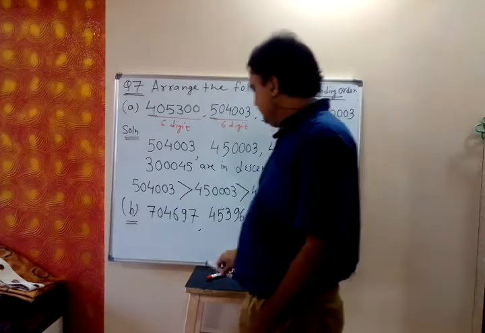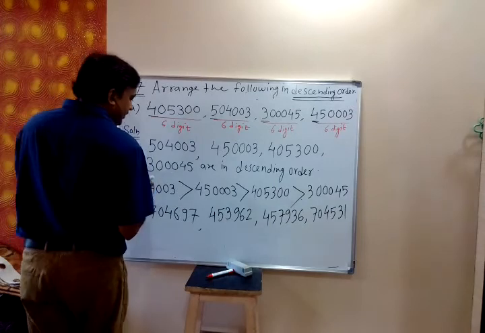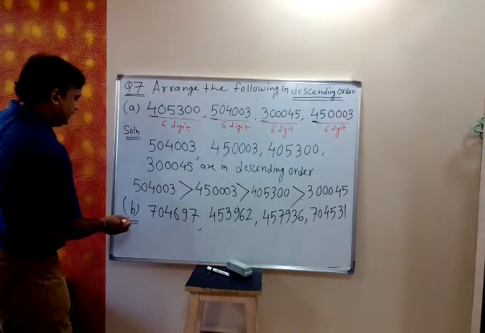Write these numbers in descending order. Descending order means bigger to smaller.